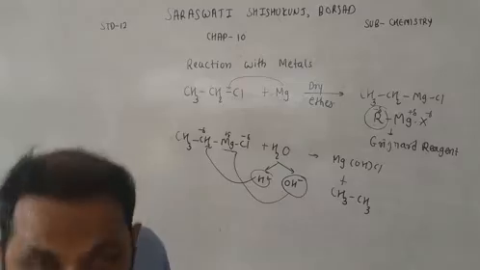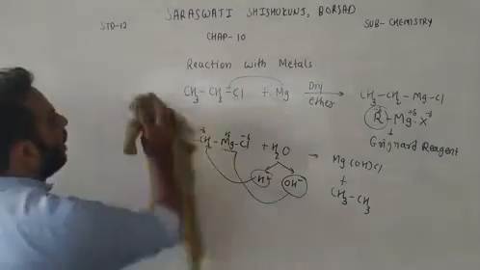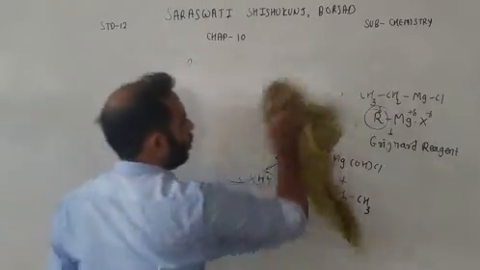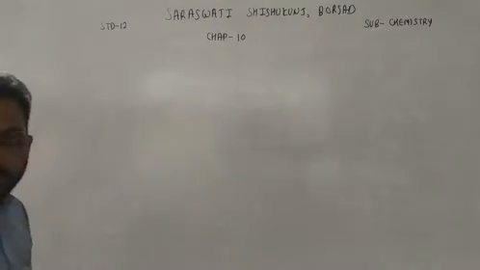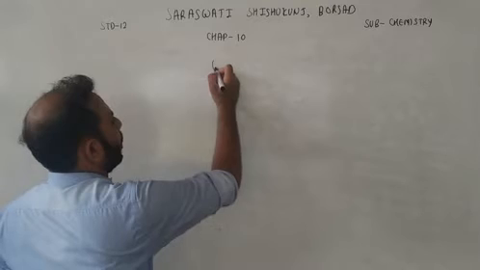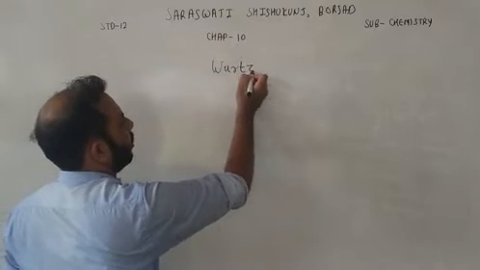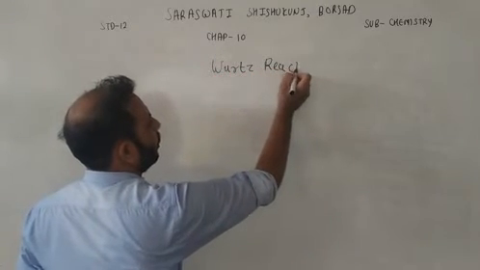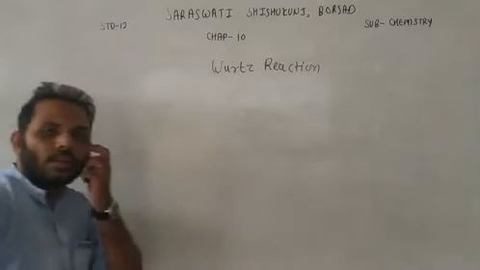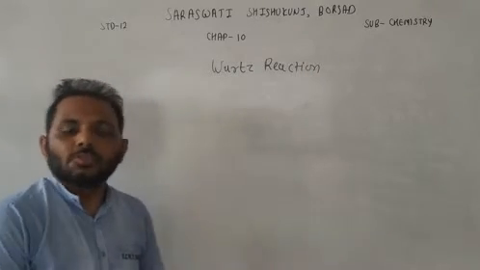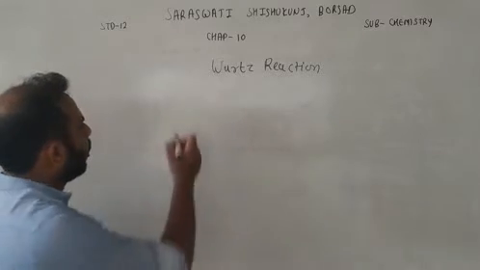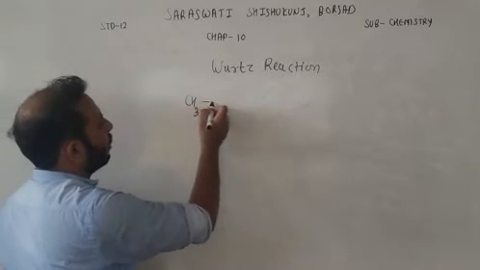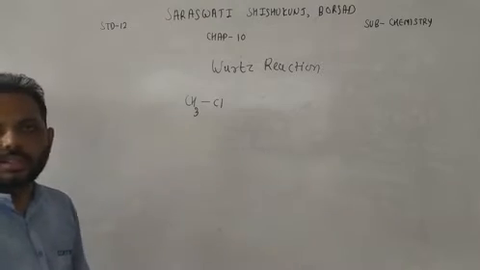Now we are going to discuss another reaction, and that is known as Wurtz reaction. We have already discussed Wurtz reaction in standard 11. This is again the same thing. So we have got haloalkane. Suppose chloroethane is there.